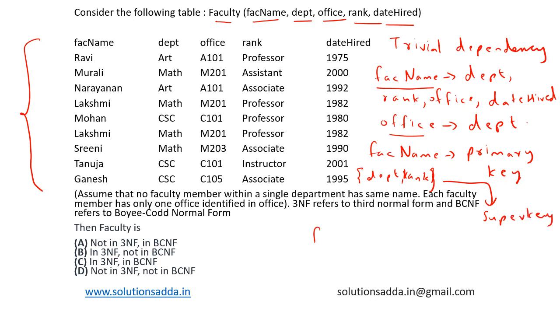So the dependency on faculty name is in BCNF, but office is not in BCNF. So the correct option is faculty is in 3NF but not in BCNF. So the correct option is option B.